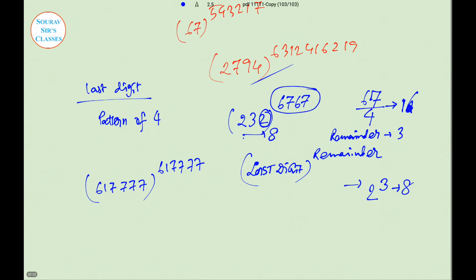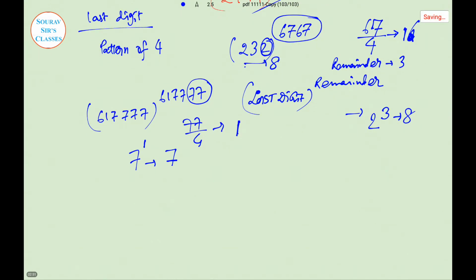If you divide the last two digits, 77 by 4, the remainder is 1, since 4 times 19 is 76. So here it will be 7 to the power 1, so this is 7. So this is the basic rule.